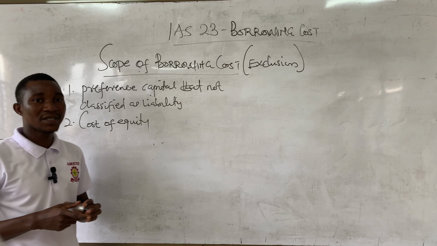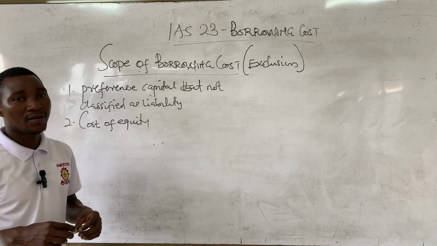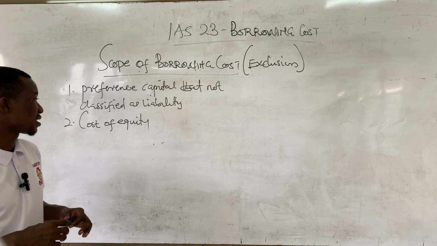I told you that the business can decide to raise money to finance its project through its own equity, that is internally generated money, or go for external borrowing. So if a business finances a project through its equity, the finance charge associated with the equity cannot be considered a borrowing cost. Is that okay?